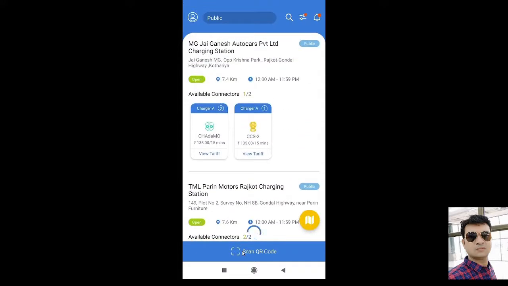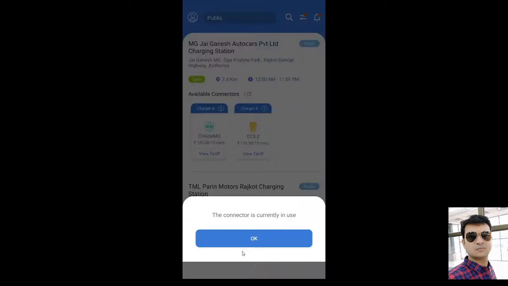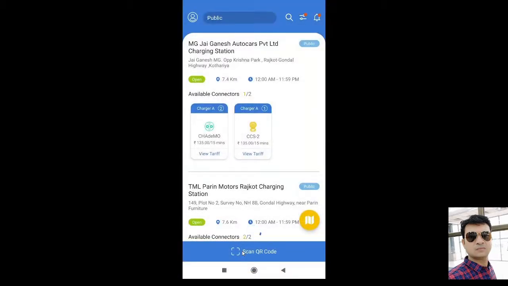Yes, so let us click on the CCS2 type charger and see its tariff. This connector is currently in use. There are charges of rupees 135 for 15 minutes.